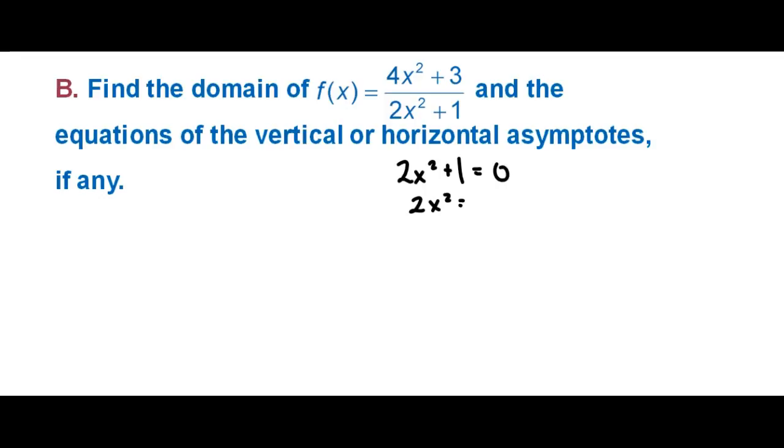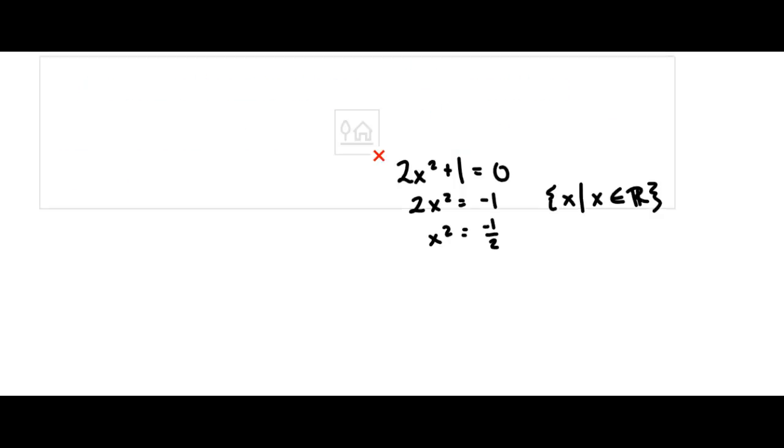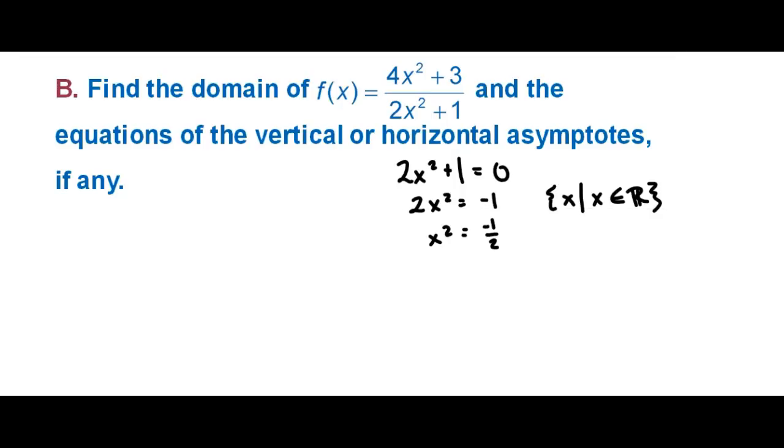So 2x squared equals negative 1, and x squared equals negative 1/2. Well, there's no real number that would satisfy that equation. So as far as we're concerned, the domain of x is all real numbers. In that case, it appears that there would be no vertical asymptotes.